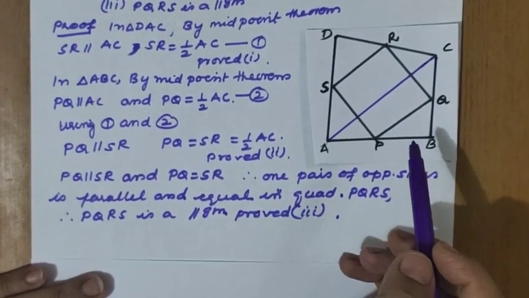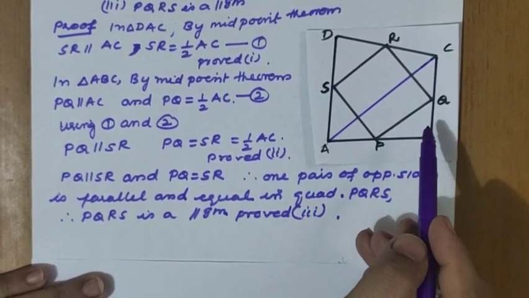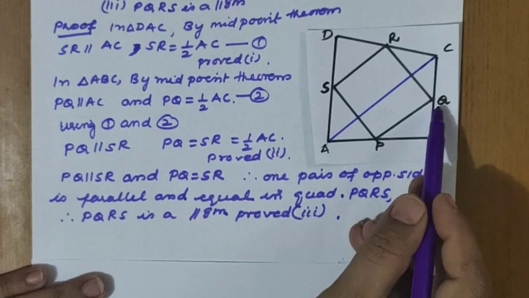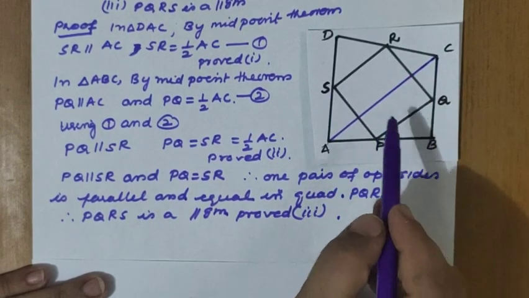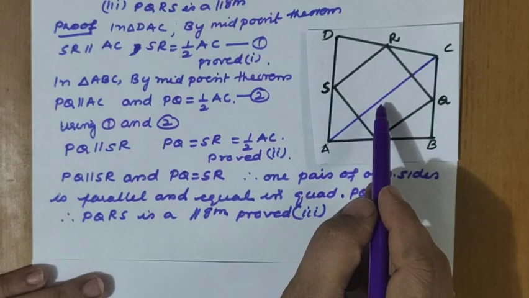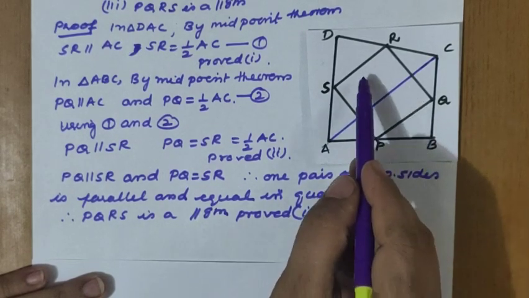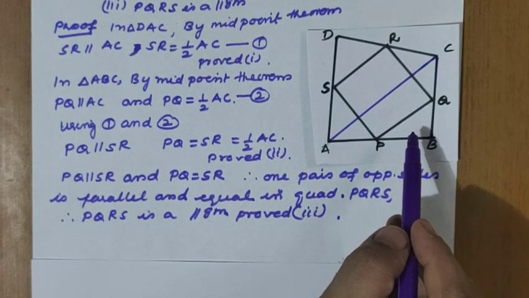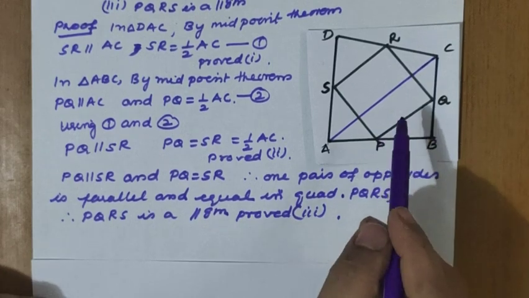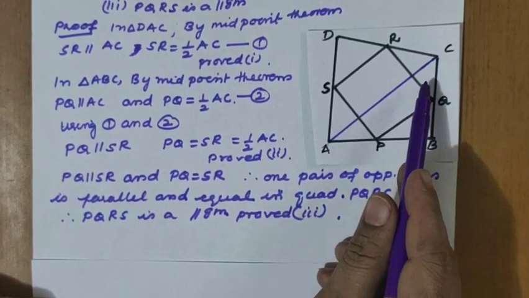So I repeat the question once again. What is given in the question? ABCD is a quadrilateral. PQRS are the midpoints. We have to prove that SR is parallel to AC and SR equal to half AC. Then second, SR equal to PQ, and also PQRS is a parallelogram. For that we have joined the diagonal AC.